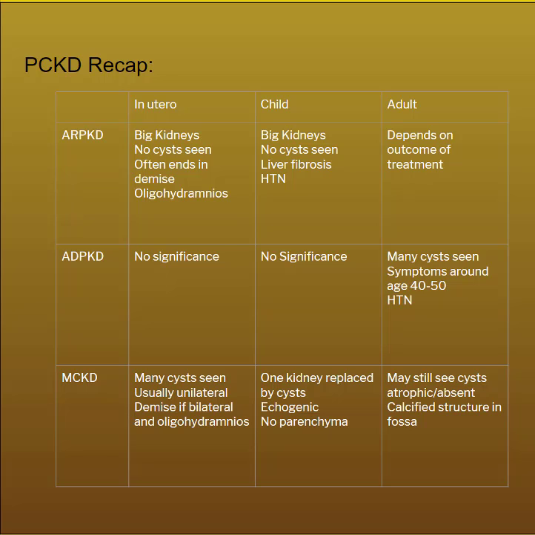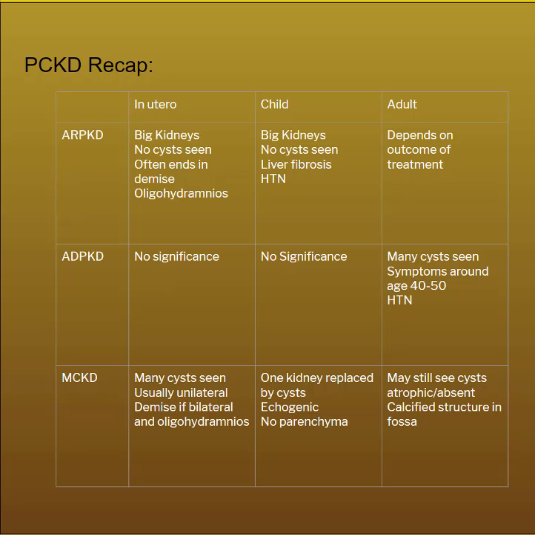If it does not present in utero, but presents as a child, either in the neonatal or juvenile variant, we're again going to see very big kidneys, but we're not going to be able to see those cysts. And what we're actually going to see are more liver issues. As an adult with the ARPKD, it's 100% going to depend on what the outcome was of their treatment as a child.